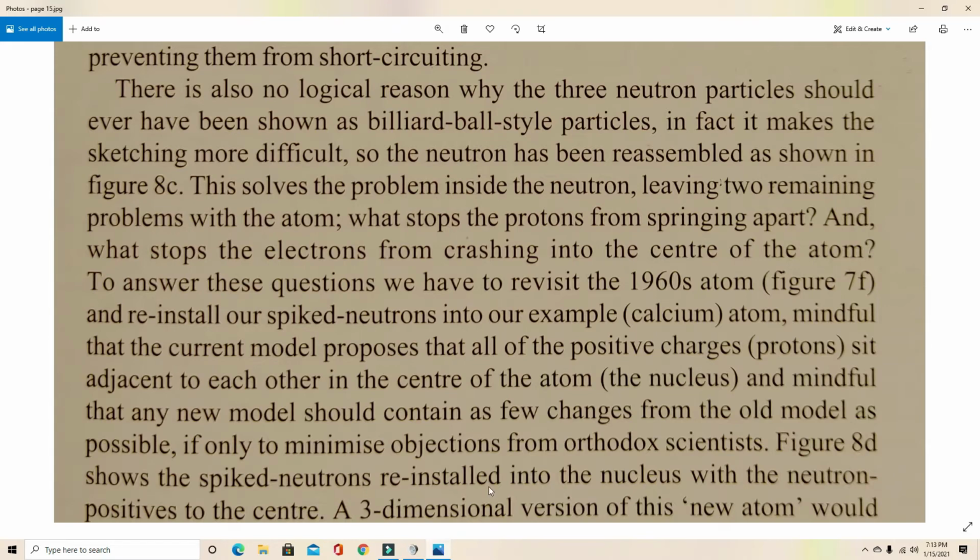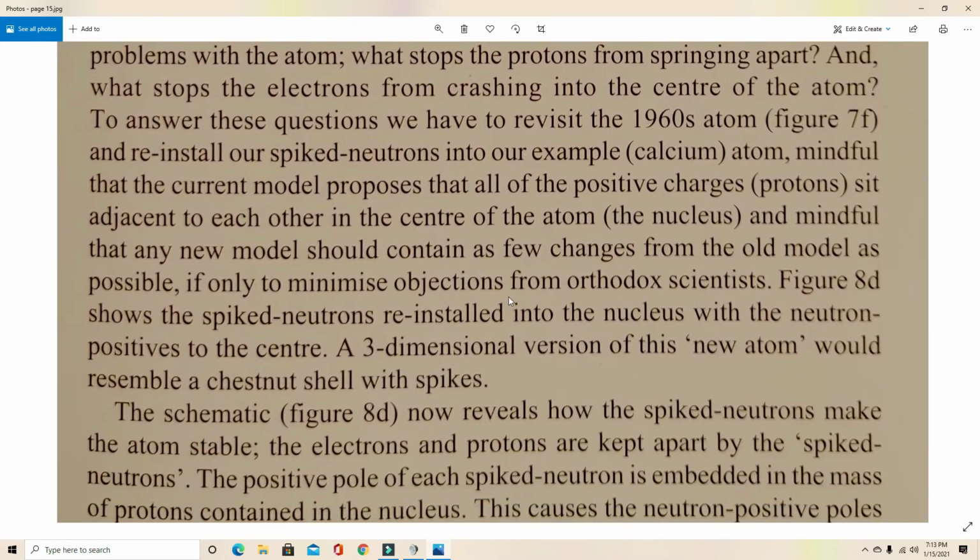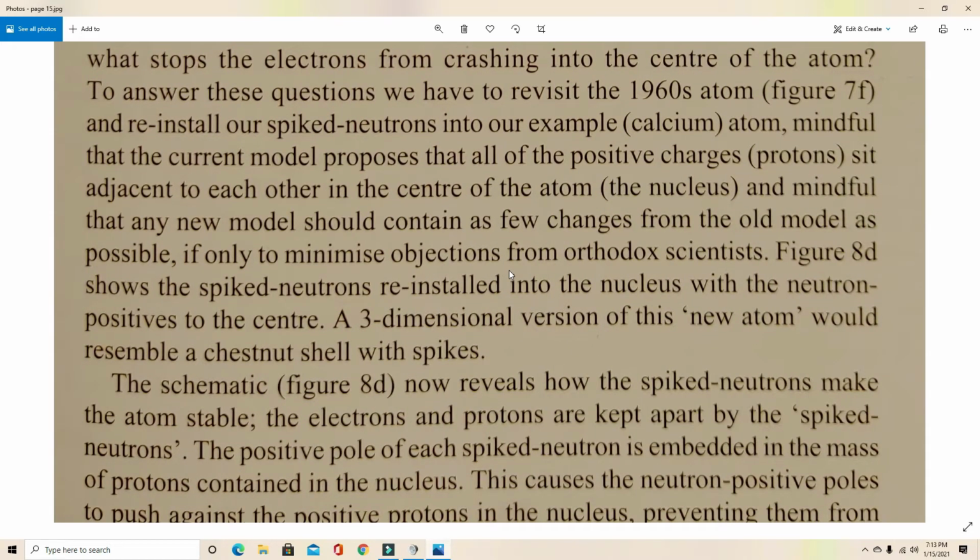To answer these questions, we have to revisit the 1960s atom, figure 7F, and reinstall our spiked neutrons into our example calcium atom, mindful that the current model purports that all of the positive charges, protons, sit adjacent to each other in the center of the atom, the nucleus, and mindful that any new model should contain as few changes from the old model as possible, if only to minimize objections from orthodox scientists.